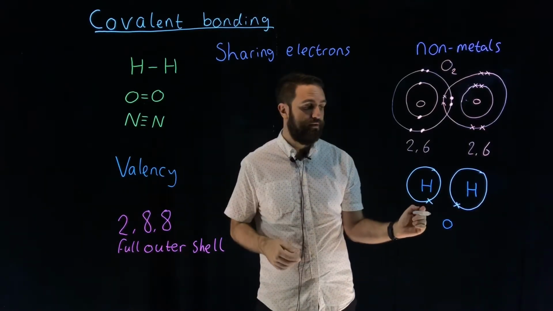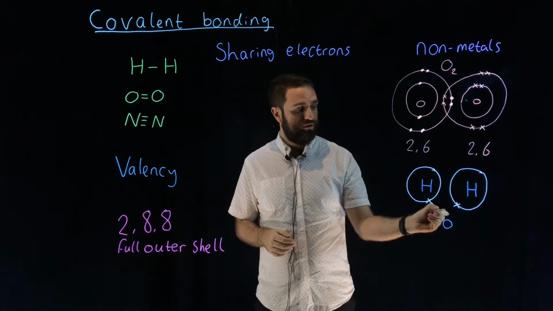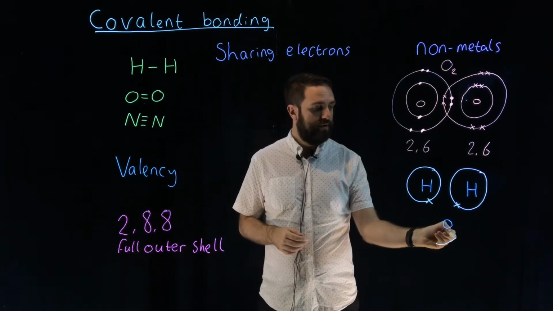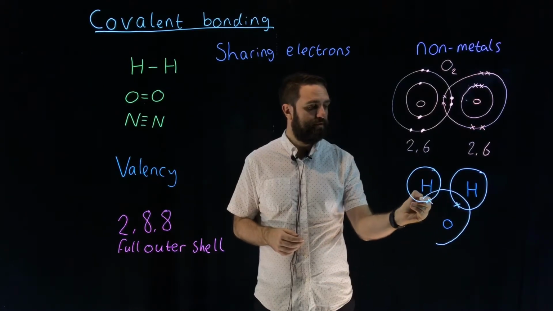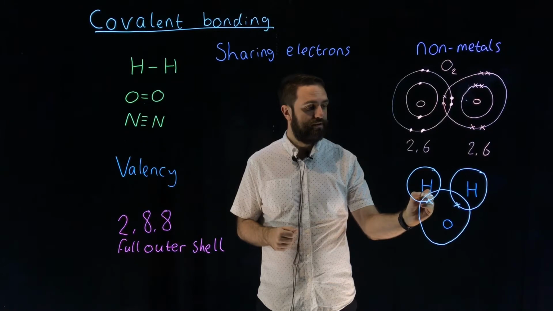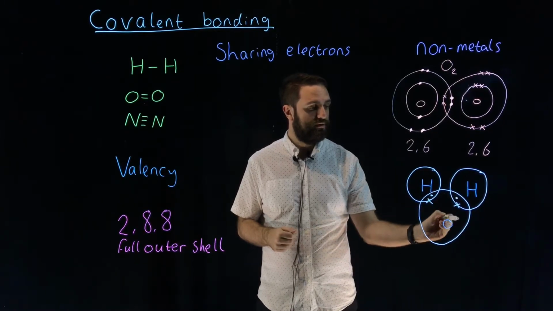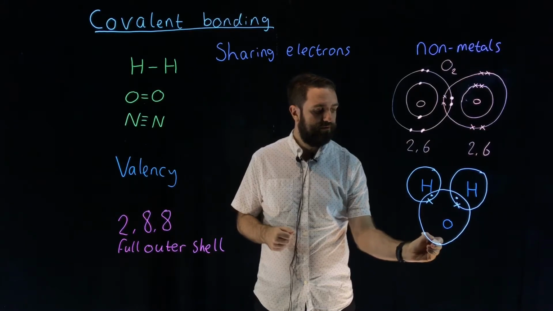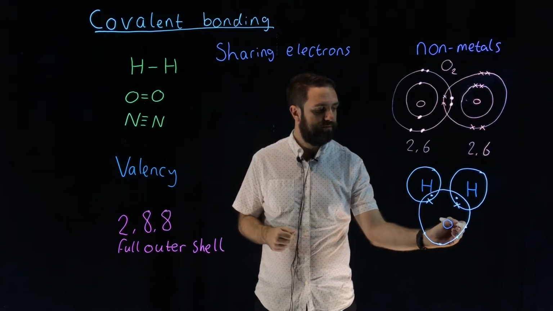Hydrogen, of course, can make positive ions. But the oxygen needs 2. So it takes 1 from each hydrogen and also gives 1 to each hydrogen to give it this Mickey Mouse look. 1, 2, 3, 4, 5, 6, 7, 8.